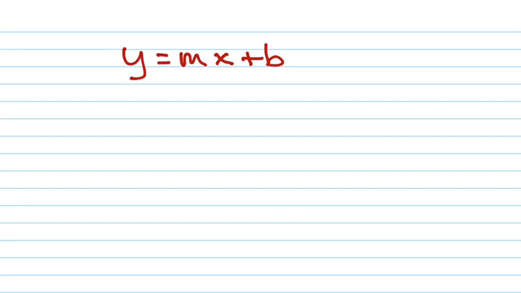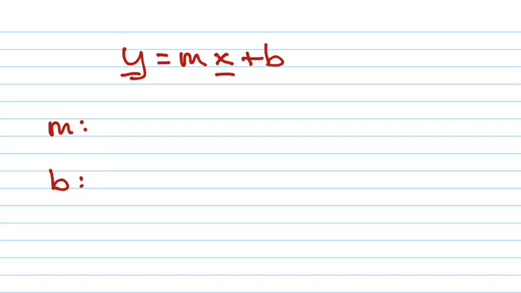Remember I told you I was going to write it in general form? All right, this is the general form for the equation, where y and x are just y and x from the graph, right? So we're not worried about those. What we're interested in is m and b. Those are the two things that will allow you to graph a line by just looking at the equation.